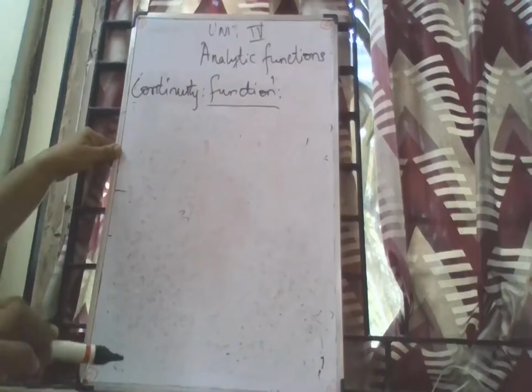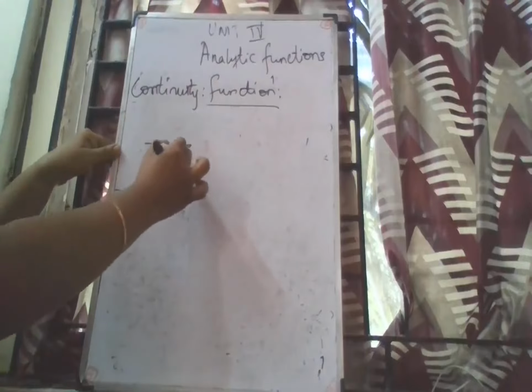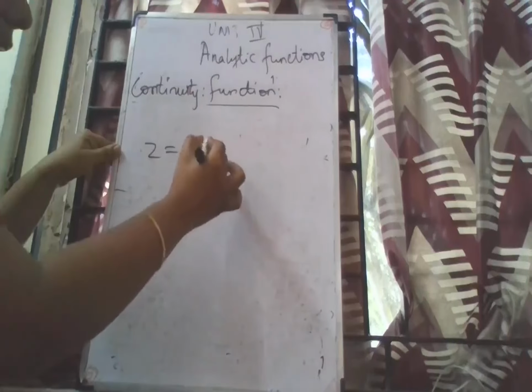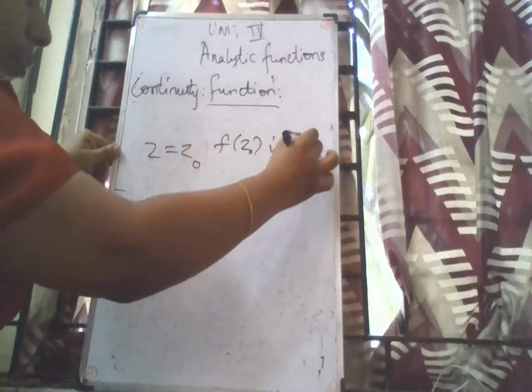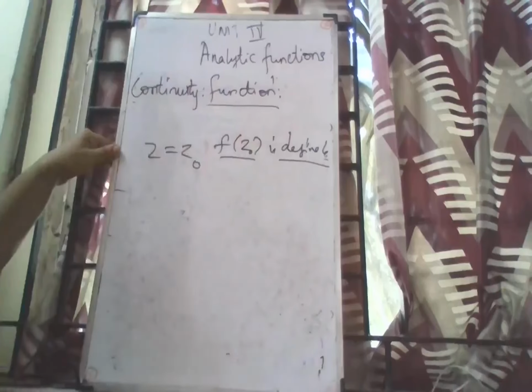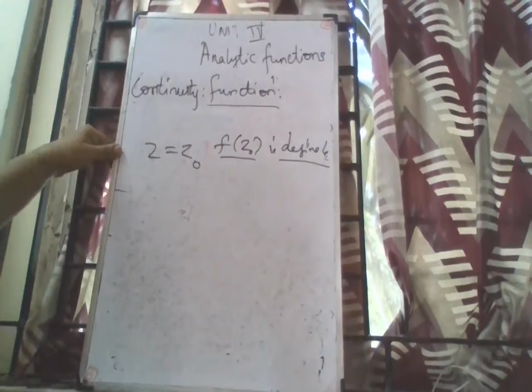A function f of z is said to be continuous at z equal to z naught if f of z naught is defined. Underline the word defined. Defined means, as I already told you, exist. It should exist; then only I can find the continuity of this function. Otherwise, I couldn't.